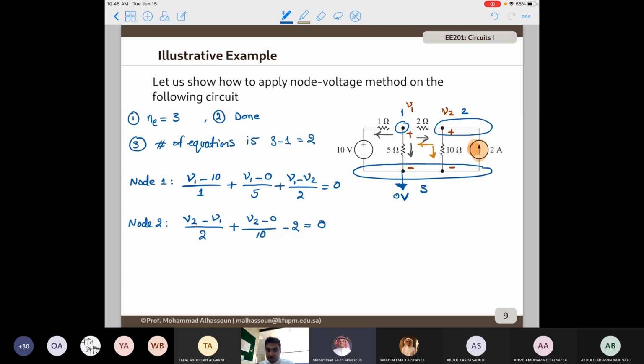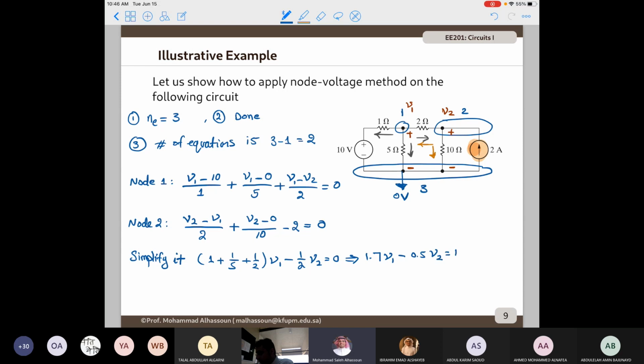So it's really good to simplify it. If I simplify, I will get, for equation 1, 1 plus 1 over 5 plus 1 over 2, V1 minus 1 over 2 V2 equals 0, or 1.7 V1 minus 0.5 V2 equals 10.